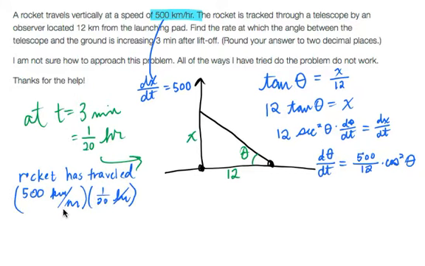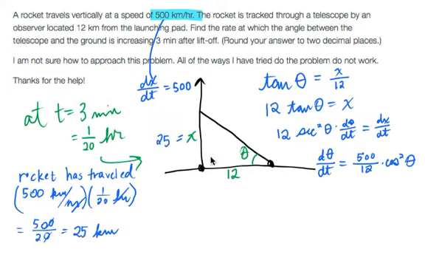So my hour units cancel, and I get 500 over 20, which is 50 over 2, which is 25 kilometers. So that is 25 at this particular moment in time.